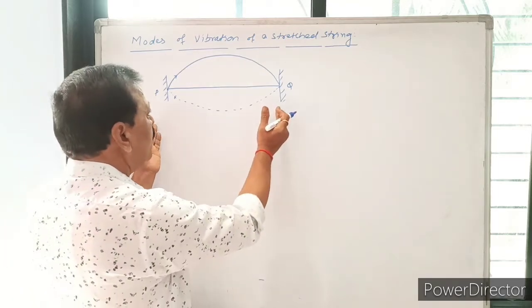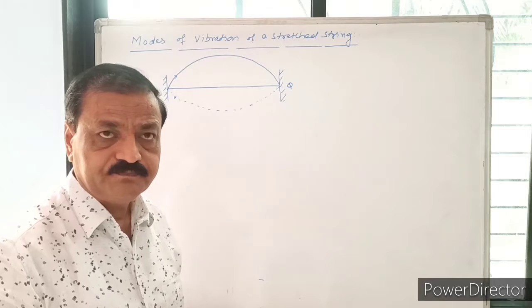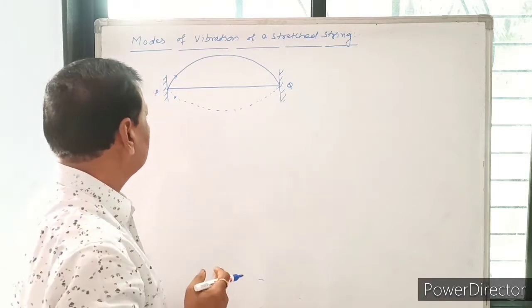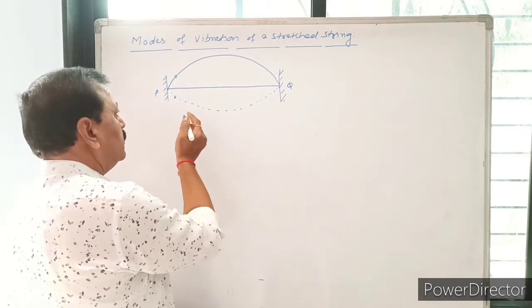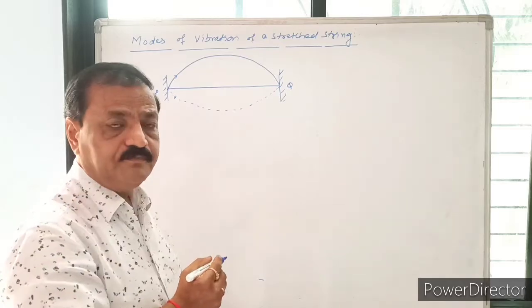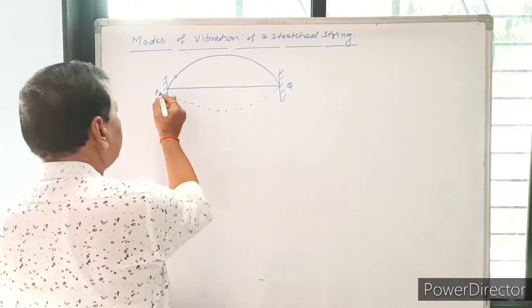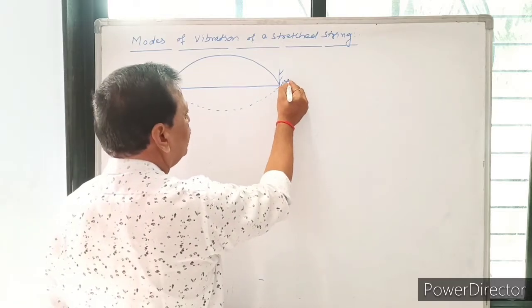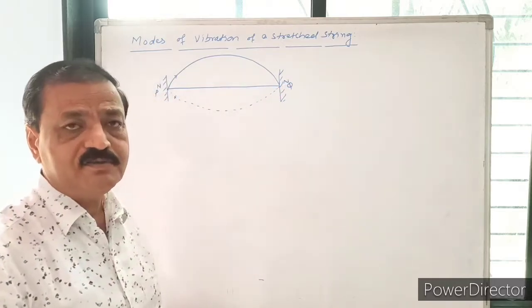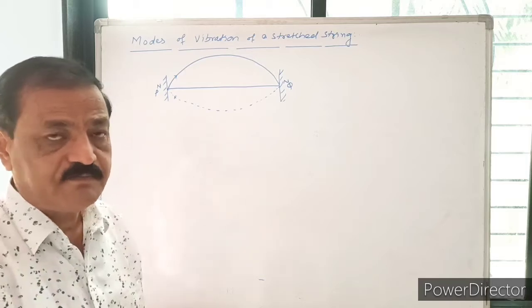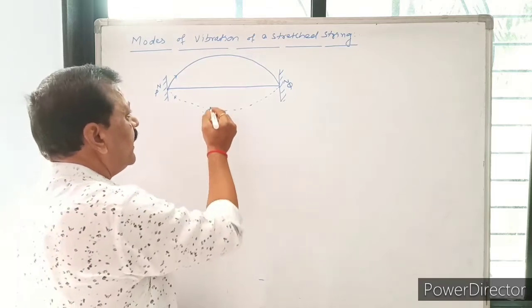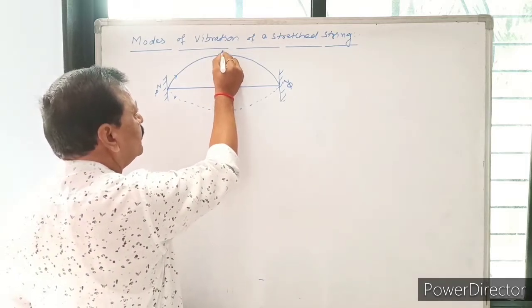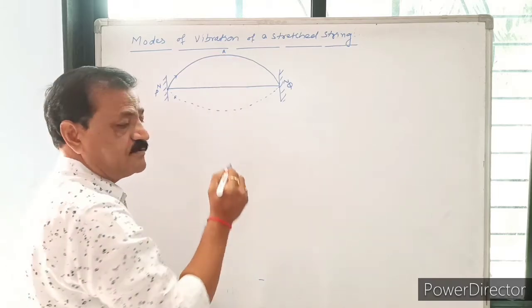There is one loop formed. A node is formed at the rigid supports. There is a node and there is a node. An antinode is formed at the center.